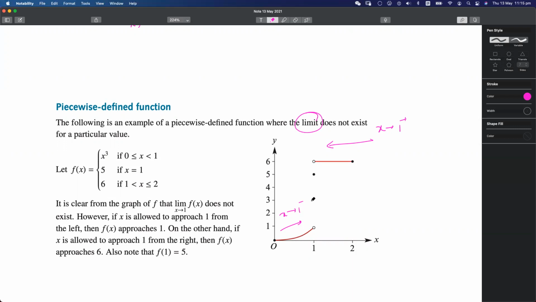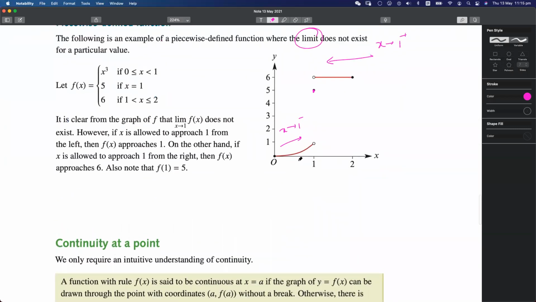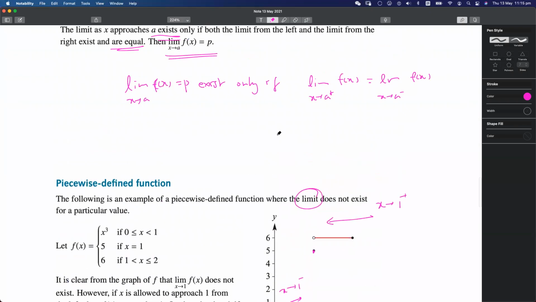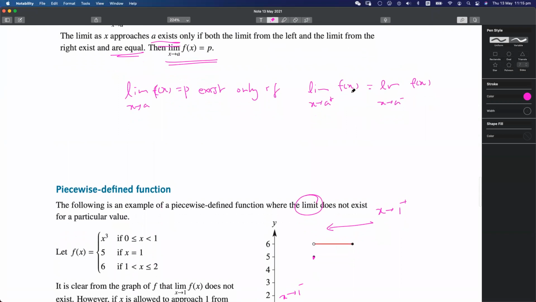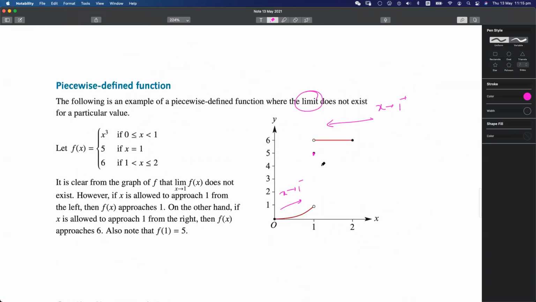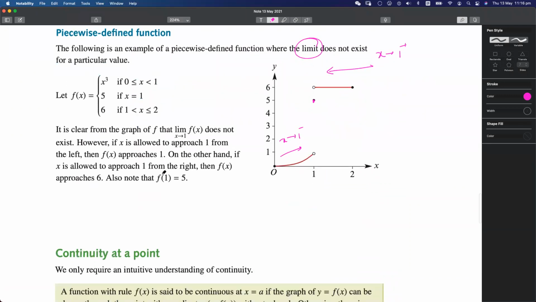Also, note that f of 1 is equal to 5, so look at this solid point. Remember I said before, the limit exists only if these two are the same. But now they're not the same, so the limit at 1 does not exist.